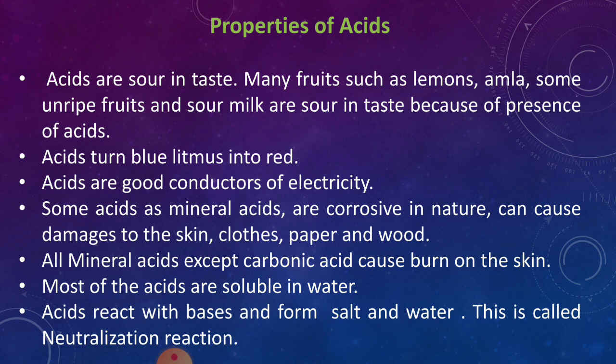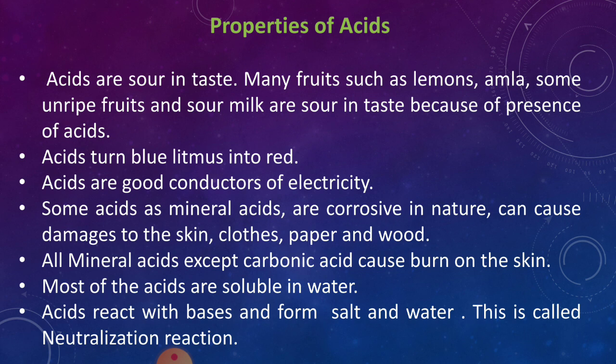Indicators are the chemicals which are used to recognize whether a given substance is an acid or a base. Because in further properties you will study that acids are very toxic, very corrosive and very dangerous. Each and every acid or base we cannot touch.